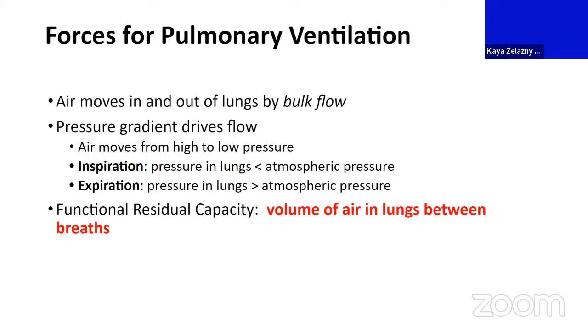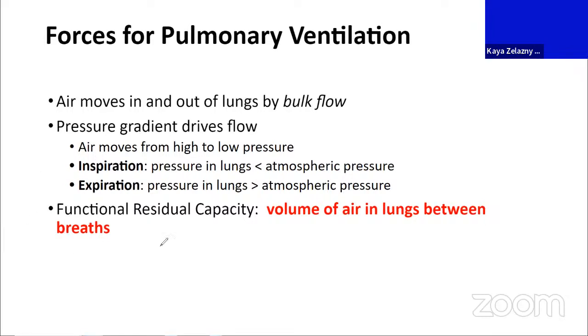So you're sucking air in towards that low pressure. Okay. So we're moving from high to low pressure. In either case, it just differs where we have the high, where we have the low.